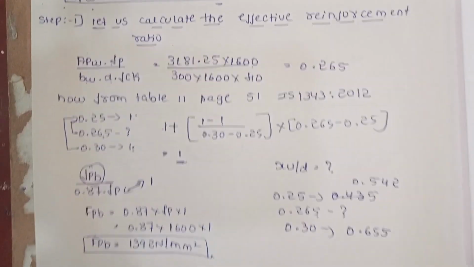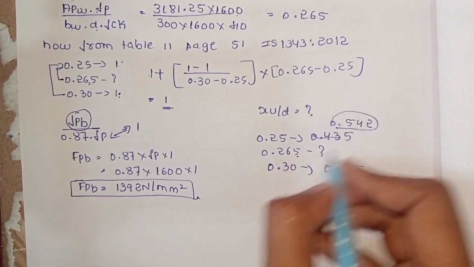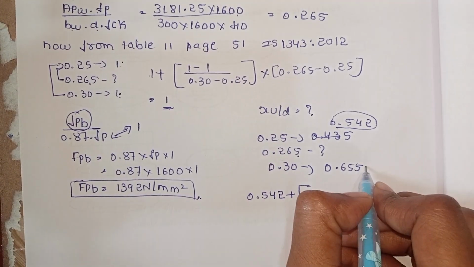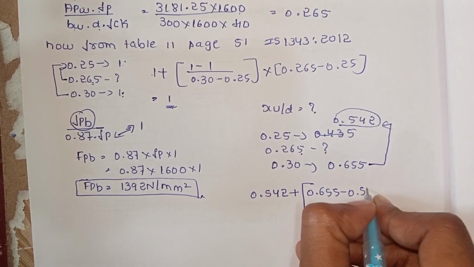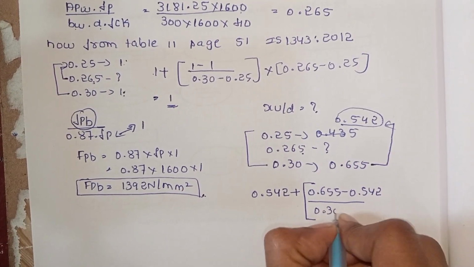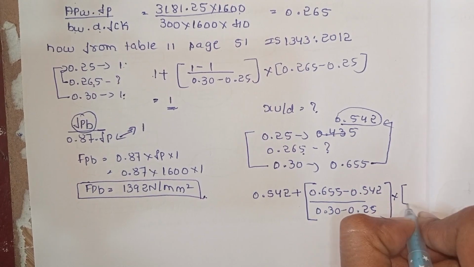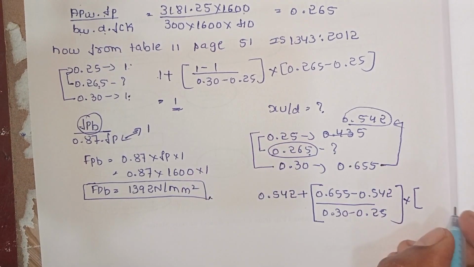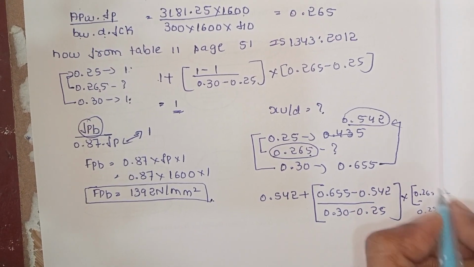Let's see. So first value 0.542 plus bracket open, this value minus this value, 0.655 minus 0.542, divided by this value minus this value, 0.30 minus 0.25, bracket close, into bracket open, we want the 0.265 corresponding value, so 0.265 minus 0.25, bracket close.